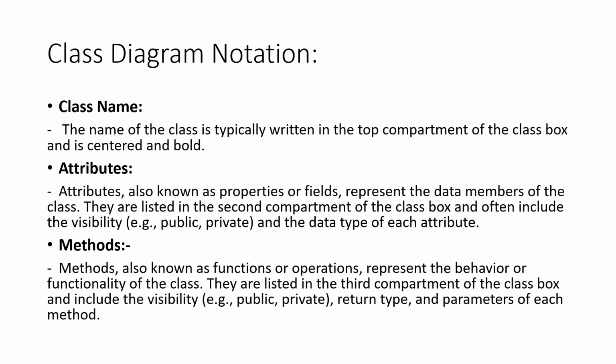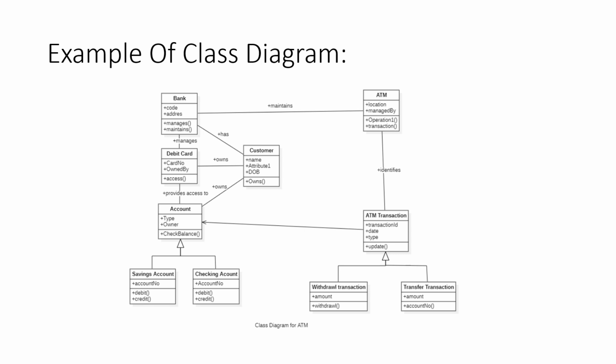After that, we have methods or operations. Methods or operations are the behavior that the class can perform. As we can see, Bank is the class name for the bank class. Code and address are the attributes which give us information about this class, and manages and maintains are the operations of the class. Bank maintains the ATM and bank manages the debit card.